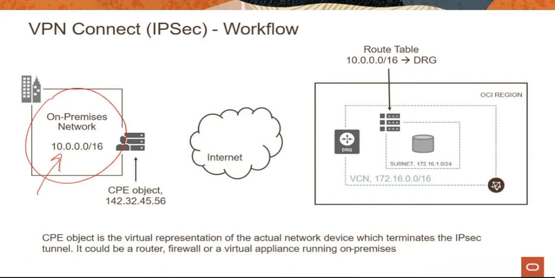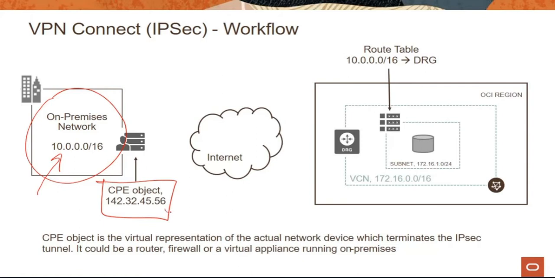The first important thing to notice in the on-prem environment is you have this thing called a CPE object. The CPE object is the virtual representation of the actual network device, which some people call CPE, customer premises equipment, which terminates the IPsec tunnel. It could be a router, it could be a firewall, or it could be a virtual appliance supporting IPsec running on premises, right?